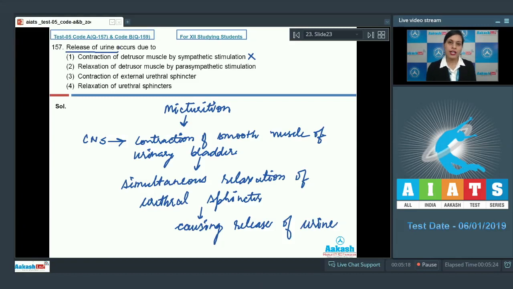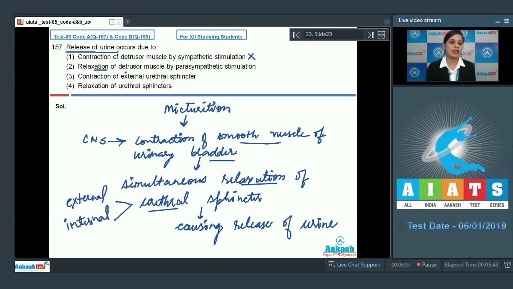So, release of urine occurs when there is contraction of smooth muscles of urinary bladder and simultaneous relaxation of urethral sphincters, which could be external urethral sphincter or internal urethral sphincter. Let's discuss the next option.